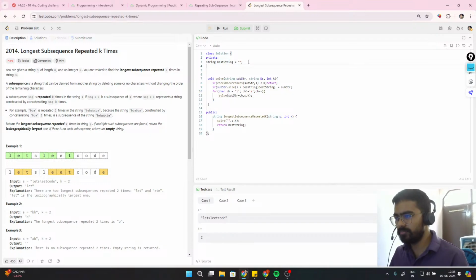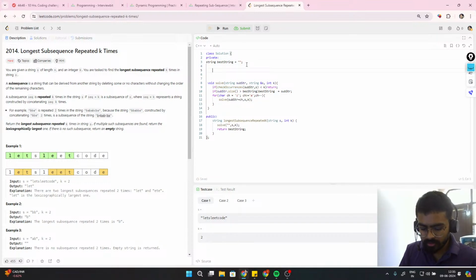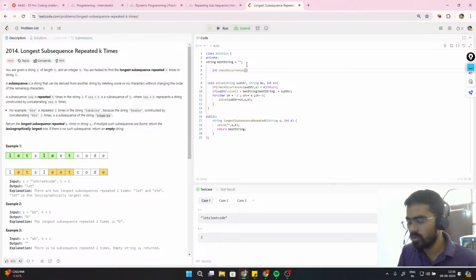Now this check occurrences will return an integer type. It will take this string substr and this string s.